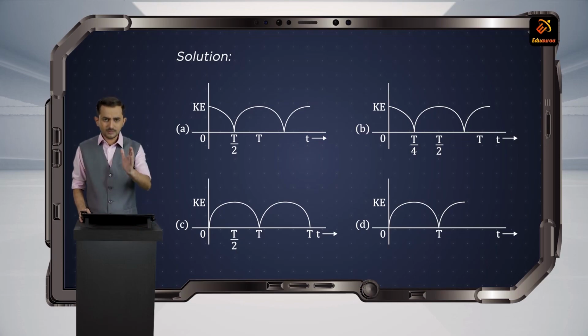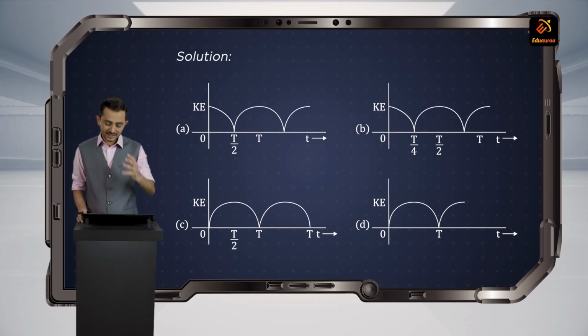Now students, observe the given graph in option B carefully. When we do that, we note that when time is 0, kinetic energy will be maximum. When time is equal to 1/4 of time period, kinetic energy will be 0.